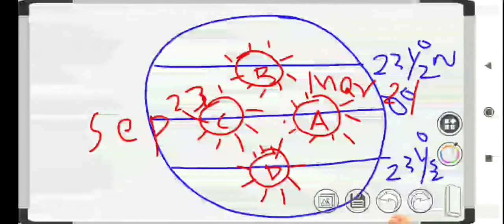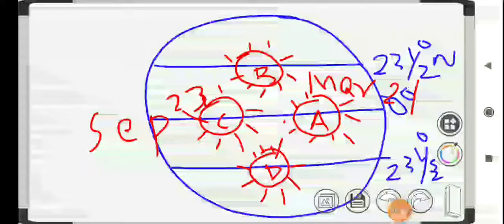So on March 21 and September 23, equal amount of sunlight is received in both the hemispheres, so there is equal day and night, and these 2 days are called equinox.